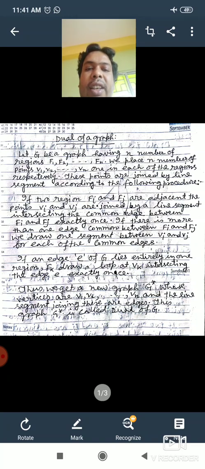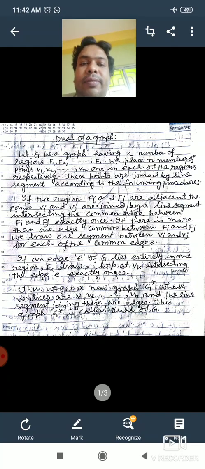Thus, we get a new graph G star whose vertices are v1, v2, ..., vn and line segments joining these are edges. This graph G star is called the dual graph of G.